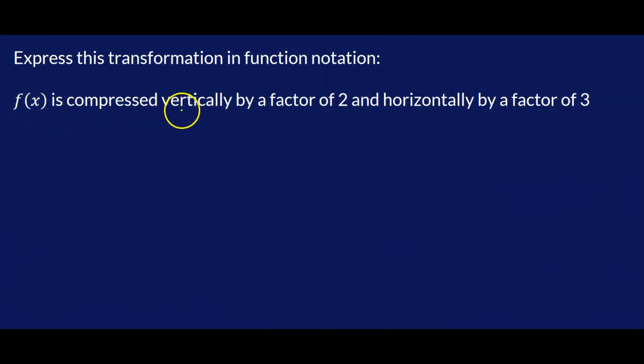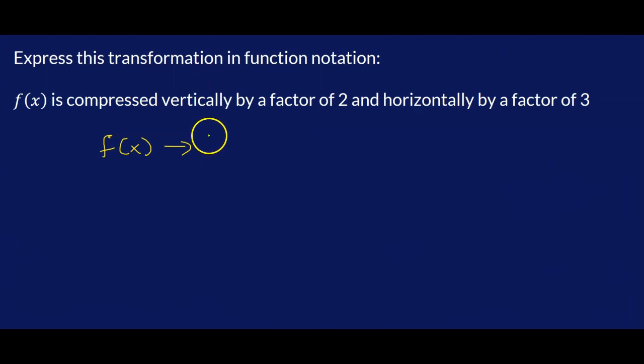f of x is compressed vertically by a factor of 2 and horizontally by a factor of 3. So vertical compression by a factor of 2. If it's a vertical compression, then we're going to have a fraction.